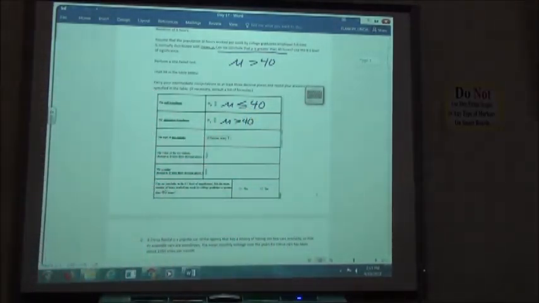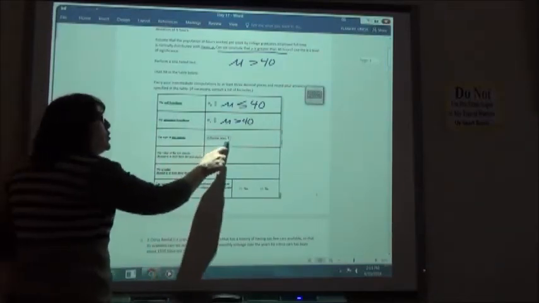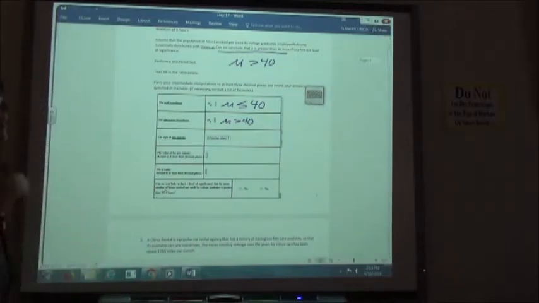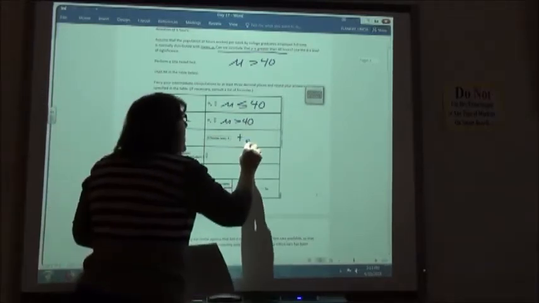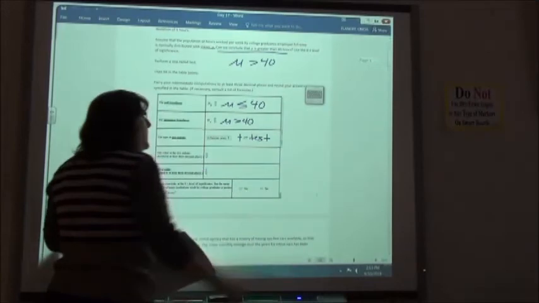If it's not greater than, it has to be less than or equal to 40. So, they're going to have you choose what kind of statistic, just like last time. We use the z-test if the standard deviation was known for the population. We use the t-test if we know it for the sample. And so here we're going to just pick that we're doing the t-test.